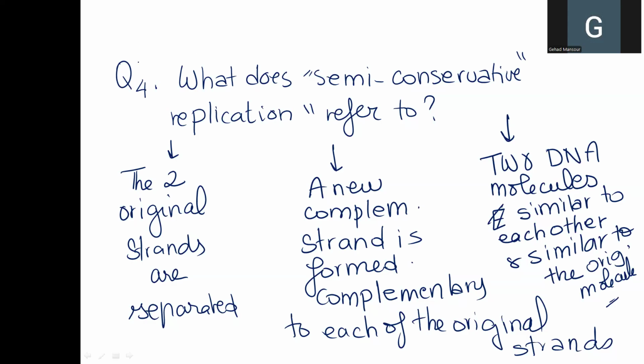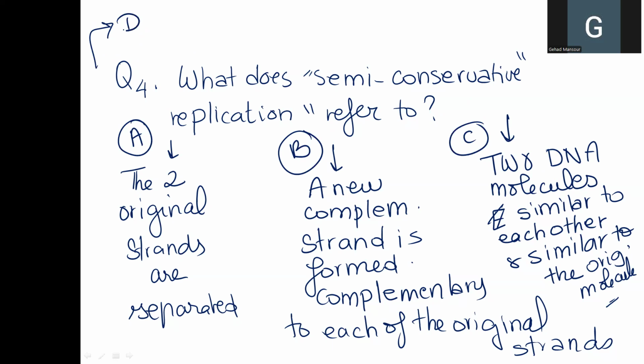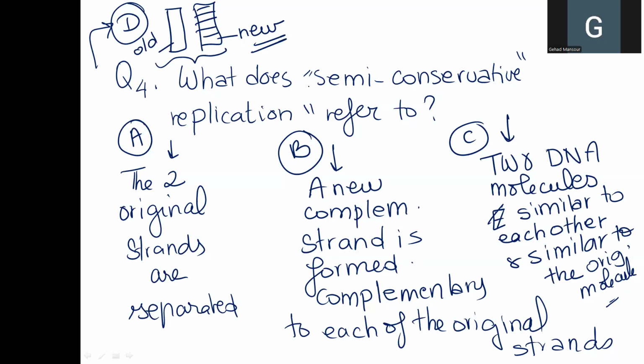So this is characteristic A or step A, B, and then C. At the end of the day, each of the formed molecules is formed of an old strand and a new strand that is complementary. So each of the 2 daughter molecules is actually a hybrid molecule. It is hybrid in the sense that one strand is old and the other is new, and they are complementary to each other.